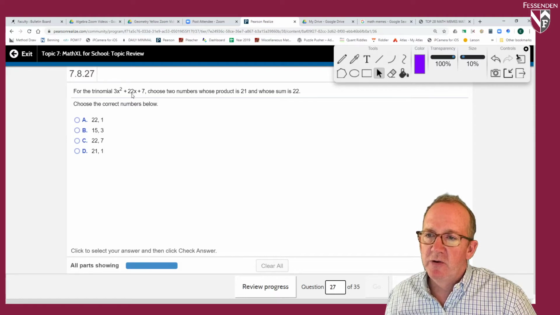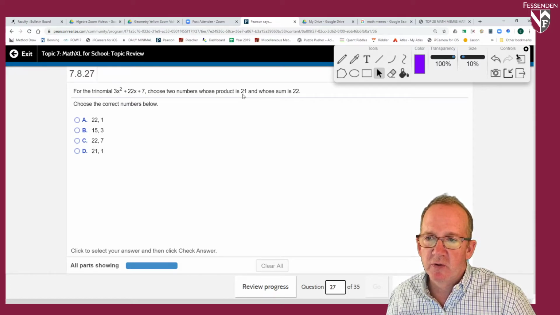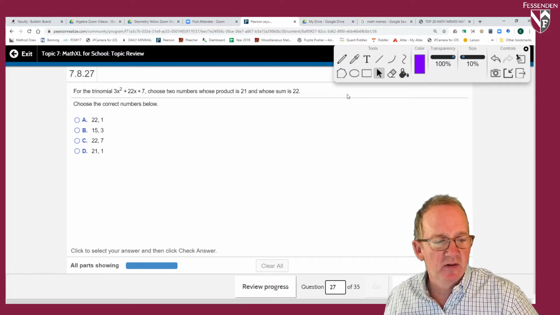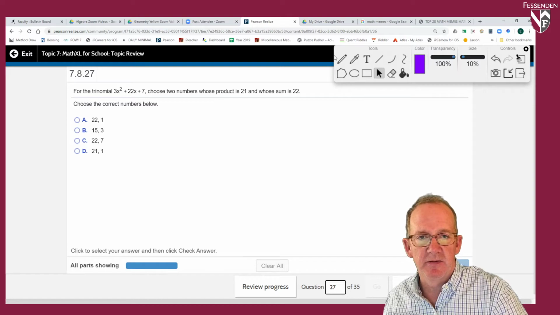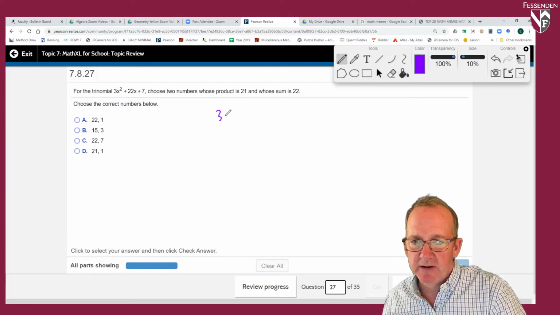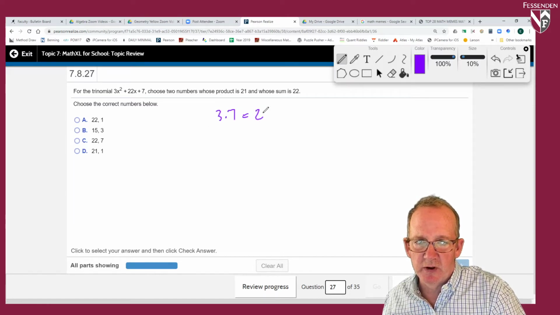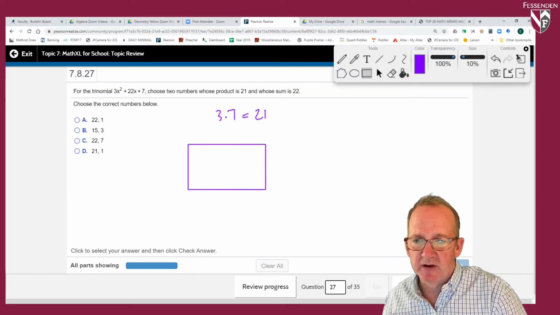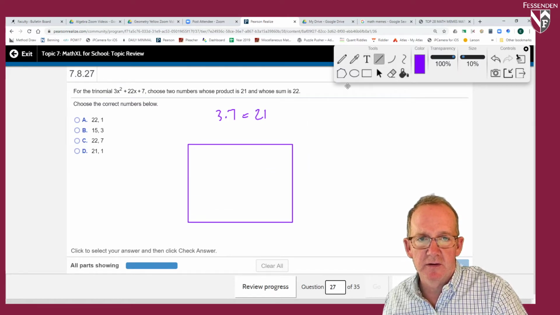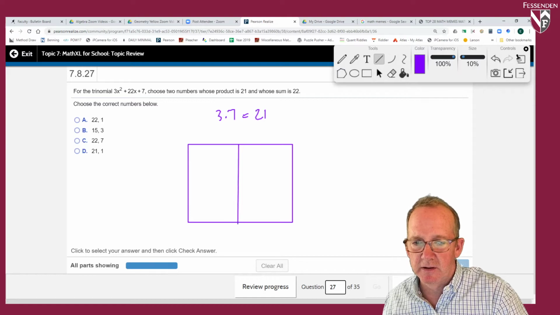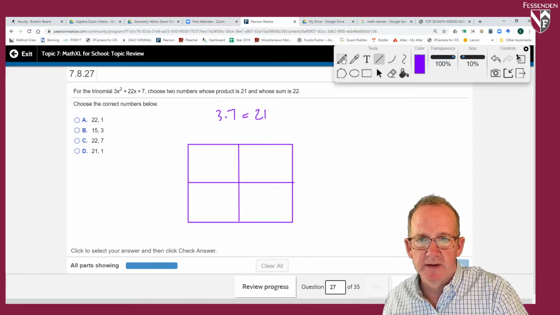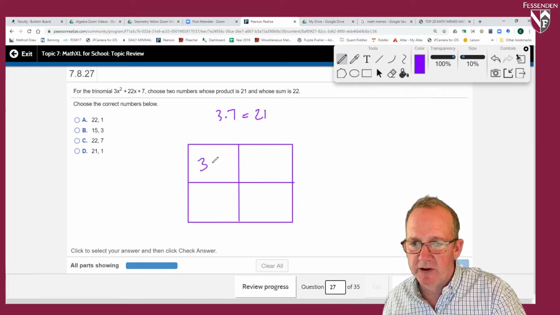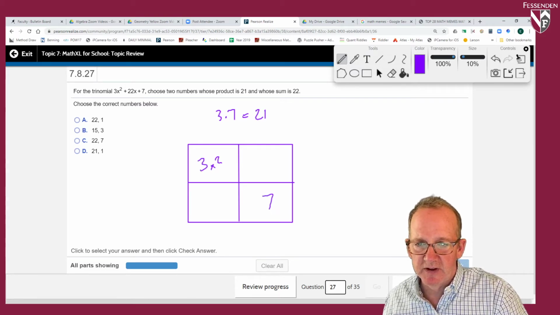So choose for the trinomial here, choose two numbers whose product is 21. That's the a times c, and whose sum is 22. So this is where we got to our AC method, if you guys remember. 3 times 7 equals 21. And then I ask you guys to draw boxes, right? And what they're telling us is that we're going to have the 3x squared here, and we'll have the 7 here.